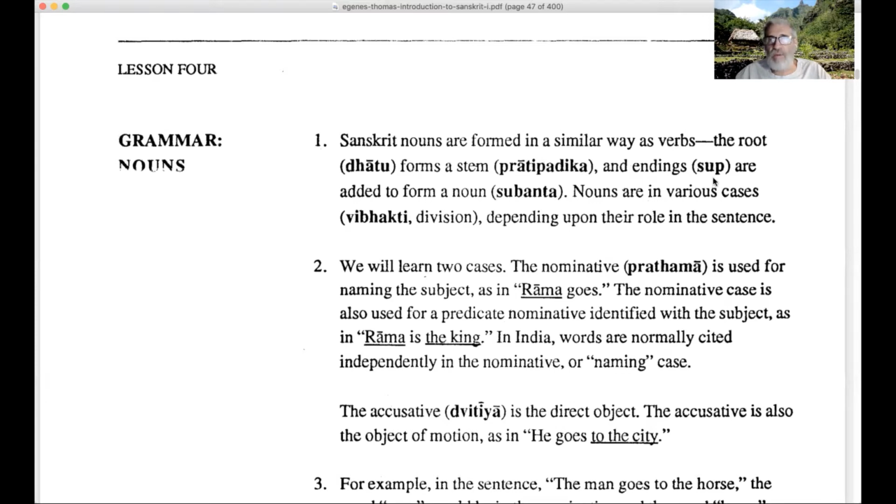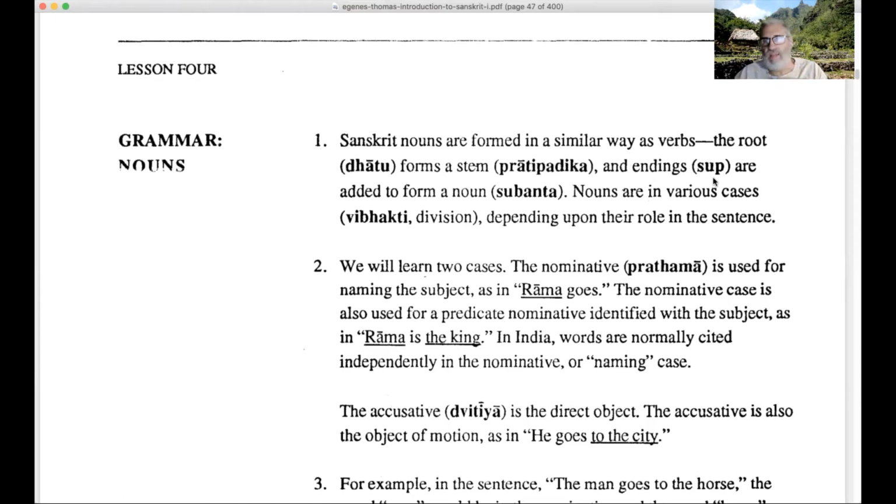The reason why they're called sup is because Panini has this very shorthand way of referring to different things. His sutras are very, very cryptic. So what does sup stand for? Sup stands for su au jas, am auT shas, and so on, up to sup. The first letter of that is su, and the last letter is the p, so they become sup.